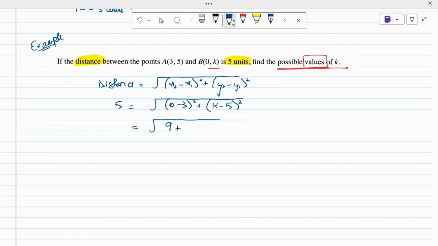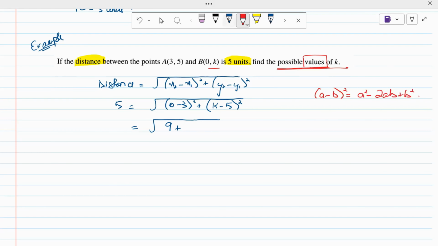Plus, now this (k minus 5) whole square is a whole square on the bracket. And whenever you have a whole square on the bracket, you always expand using the identity. The identity is (a minus b) whole square, which is a square minus 2ab plus b square.